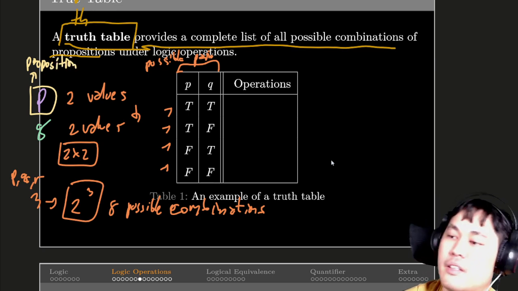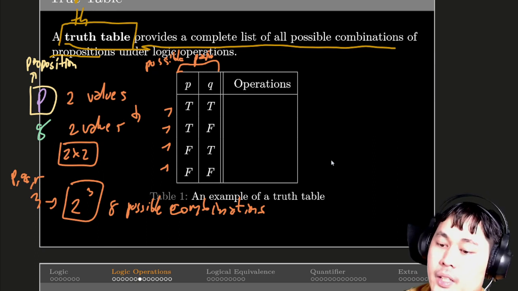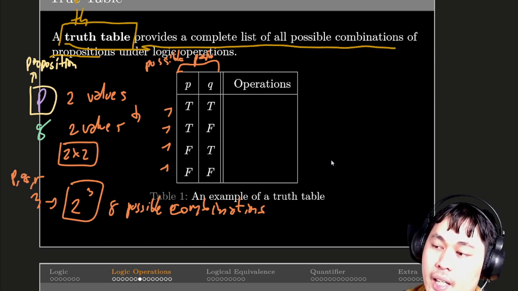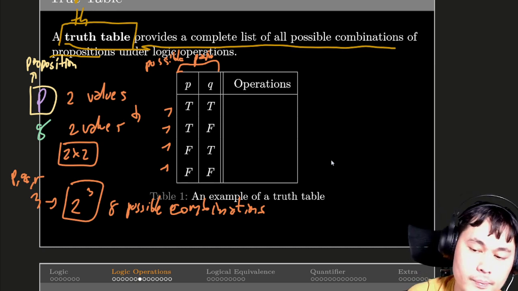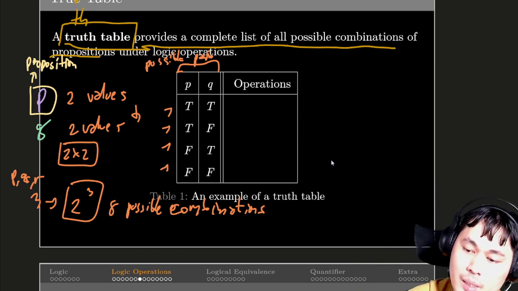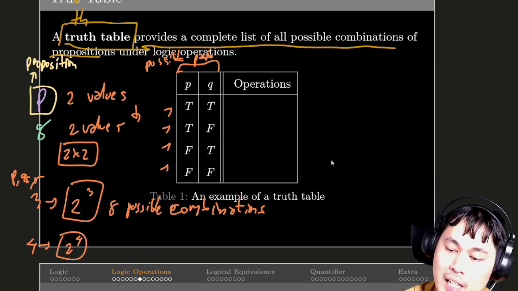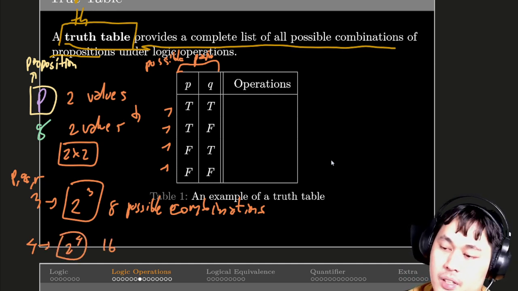Each of them can have 2 possible truth values. Three of them, so it's 2 times 2 times 2. If you have 4, you get 2 to the 4th, which is 16 possible combinations.